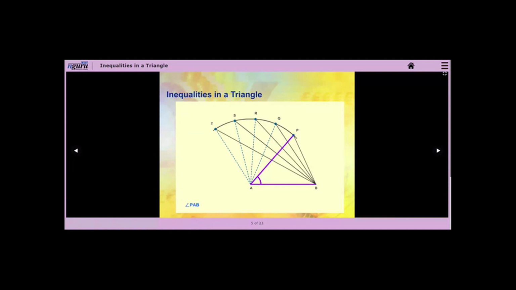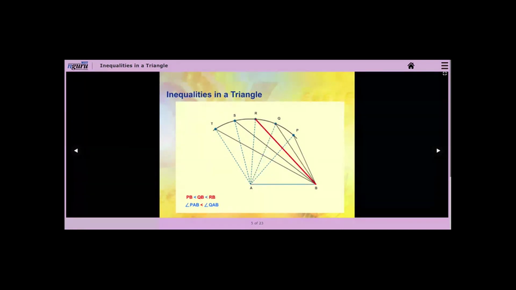Observe that in triangle PAB, angle PAB is opposite the side PB. PB is less than QB and angle PAB is less than angle QAB. Similarly, QB is less than RB and angle QAB is less than angle RAB.